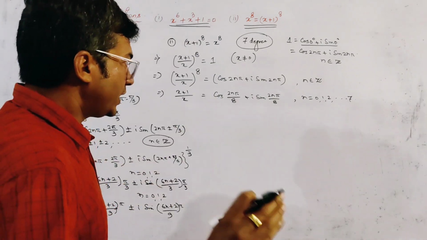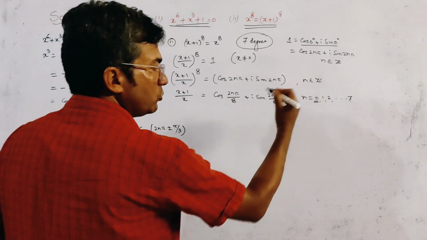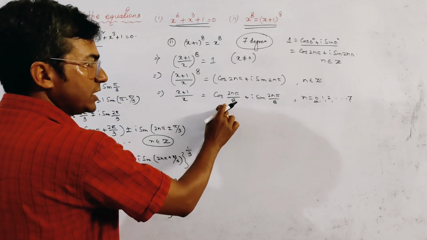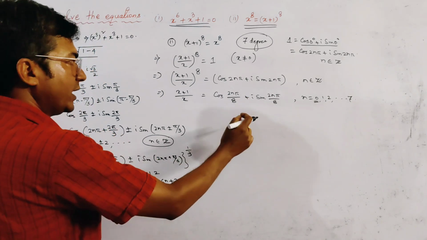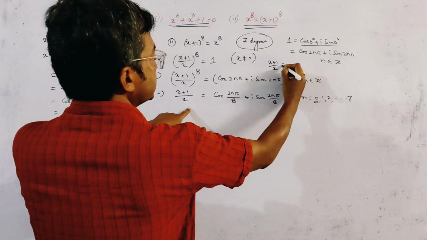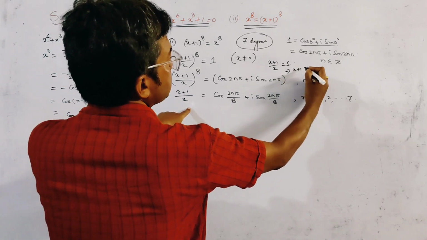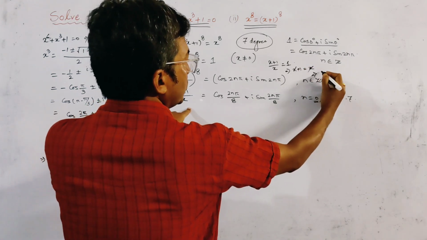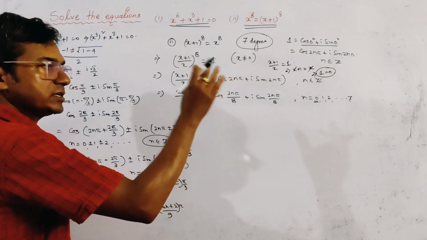Now here if we put n = 0, that is the first value of n, the right side gives cos 0 + i sin 0, which is equal to 1, and by putting 1 here we get x + 1/x = 1, and this gives x² + 1 = x, so we get 1 = 0, and this gives an absurd result.